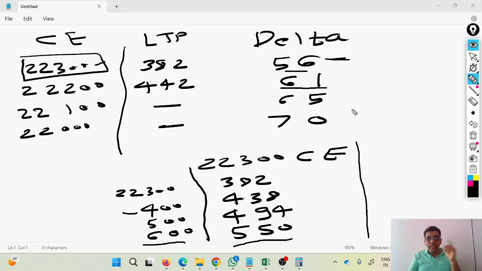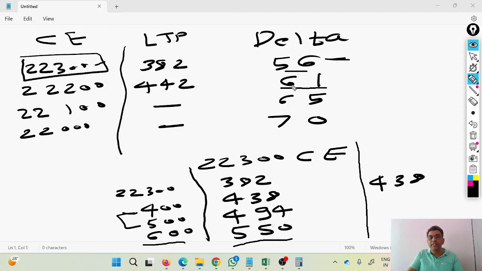So my delta will not remain static, it will become 61 over here. So in the first calculation it is right, whenever Nifty goes up by 100 points, my option price will become 438. That's right. But whenever Nifty goes up by another 100 points, from 400 to 500, at that time I am not supposed to consider delta to be 56.